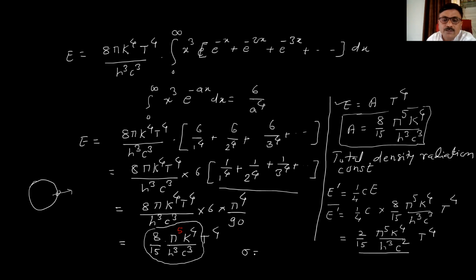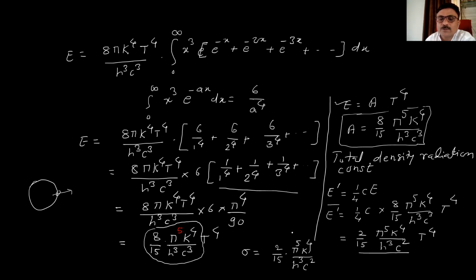So Stefan's constant sigma is equal to 2 divided by 15 into pi raised to 5 k raised to 4 divided by h cube into c square.